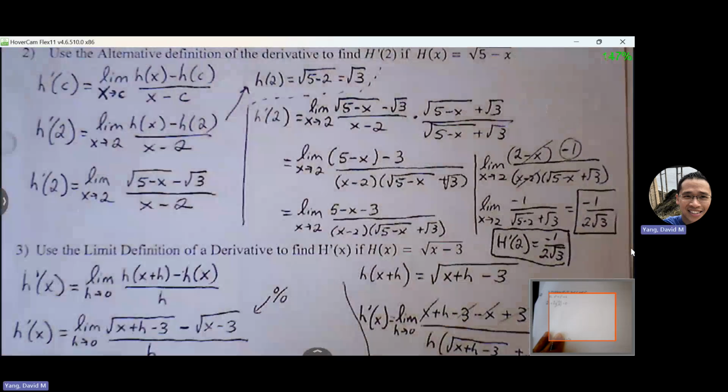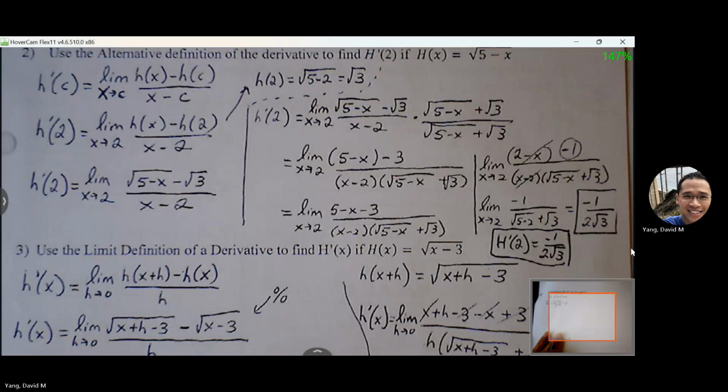No. We have to go find the portion. How do you add?